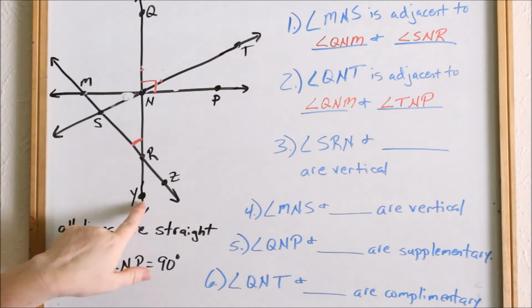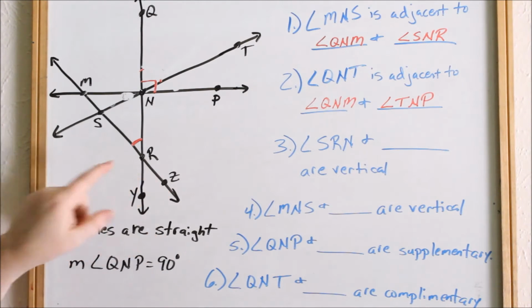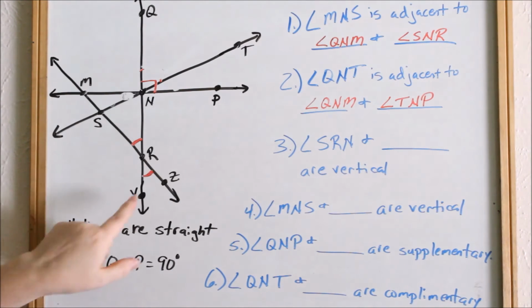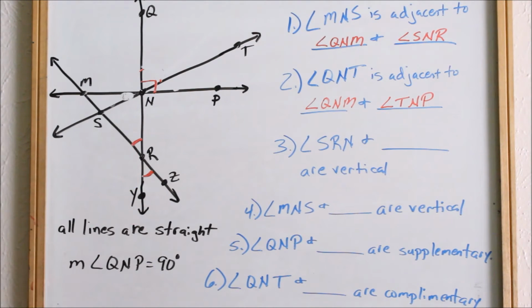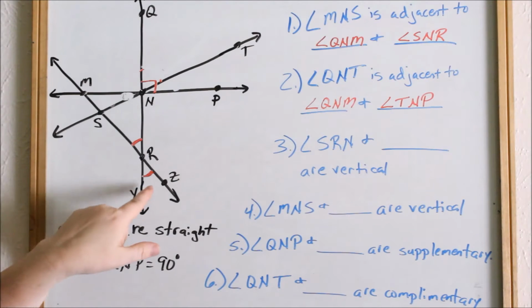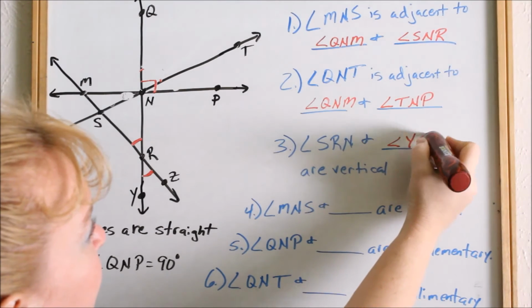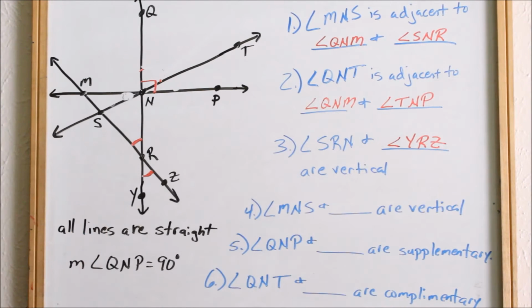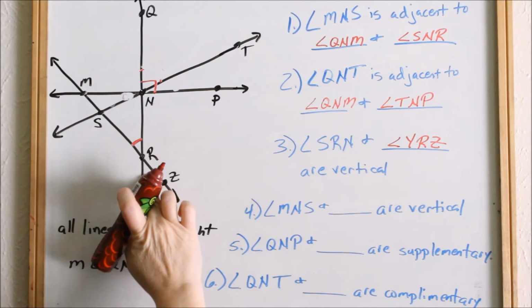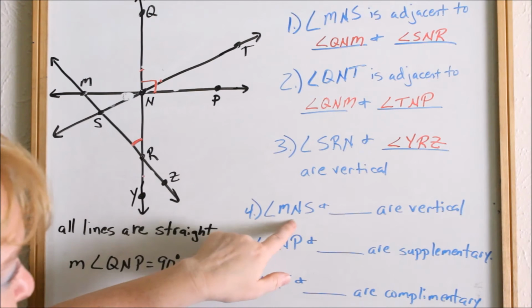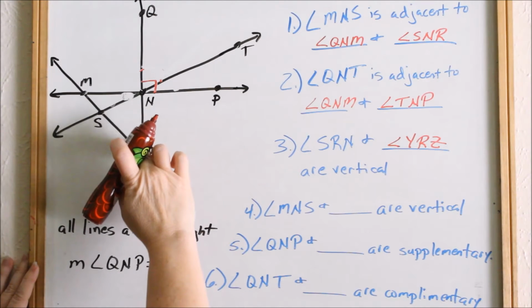We can call that YRZ. It would be this angle right there that I have marked. They form a V. So angle YRZ.